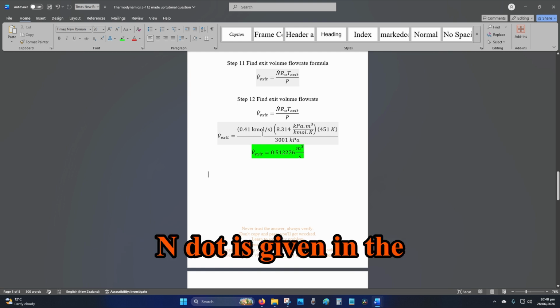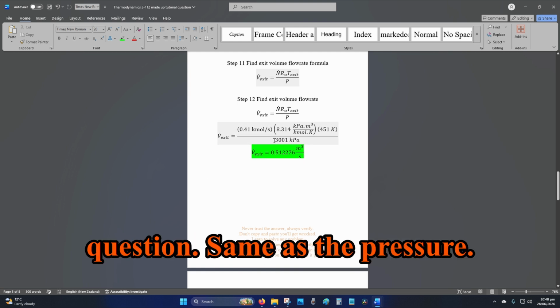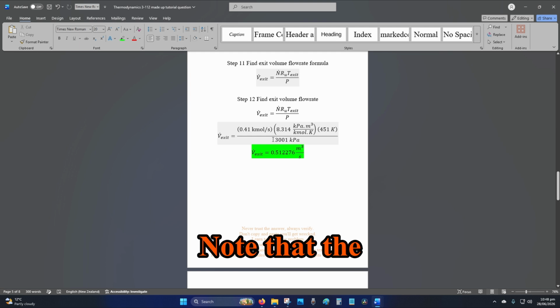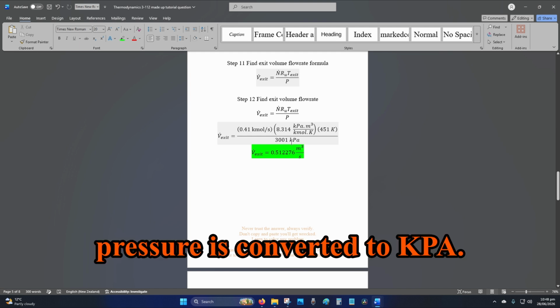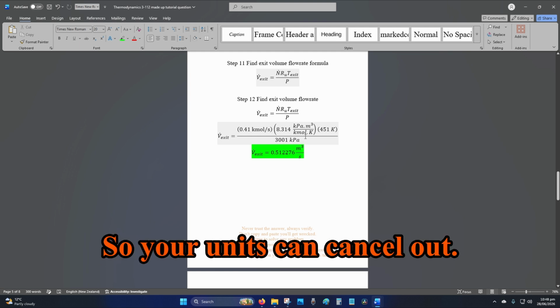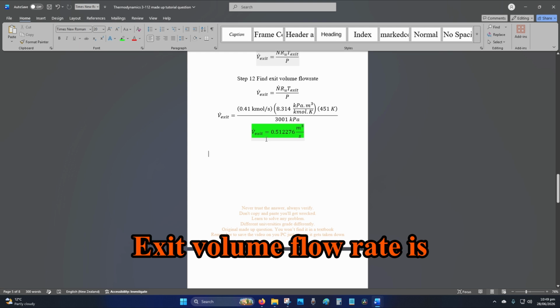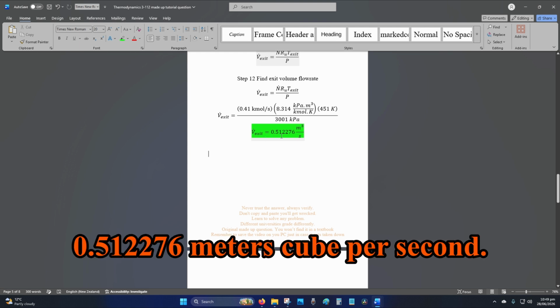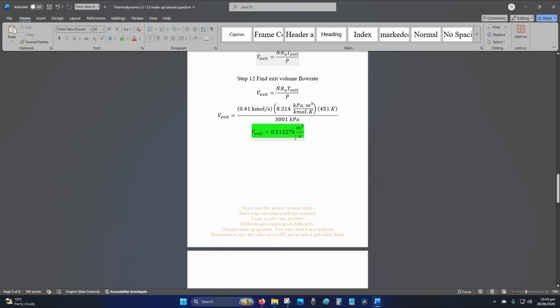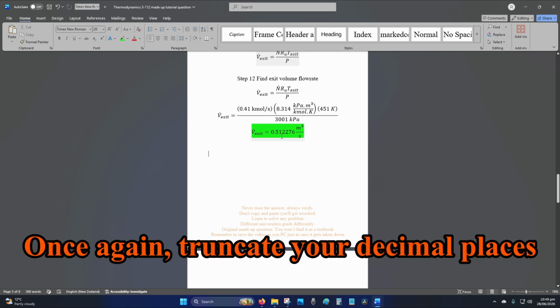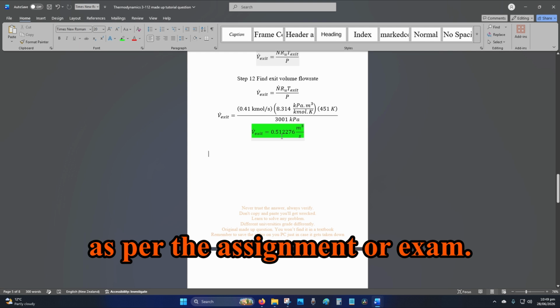N dot is given in the question, same as the pressure. Note that the pressure is converted to kPa, so your units can cancel out. So your exit volume flow rate is 0.512276 meters cubed per second. Once again, truncate your decimal places as per the assignment or exam.